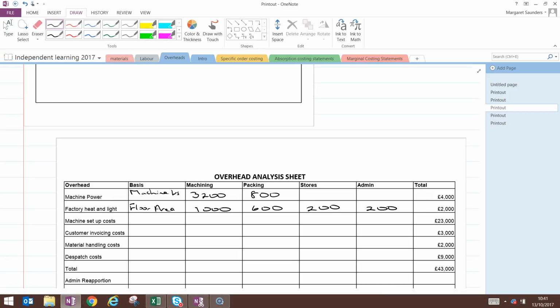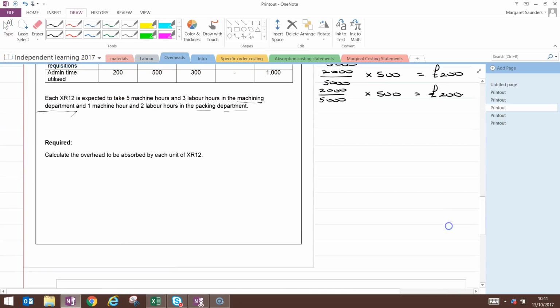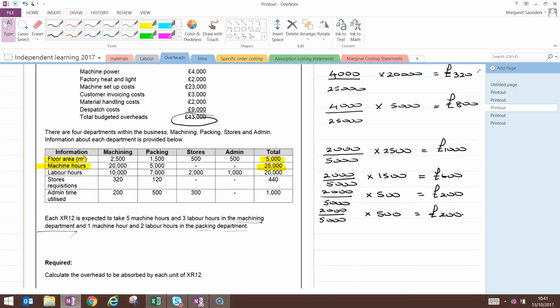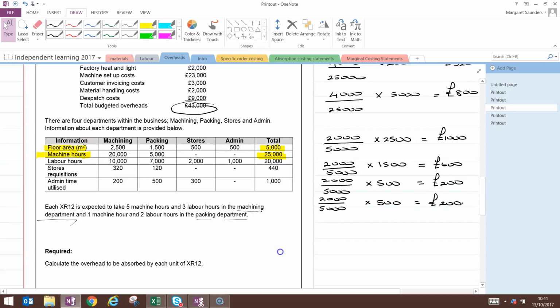So the next overhead, machine setup costs of £23,000. So let's look back at the information that we have, and what we have relating to machines is the machine hours. So our setup costs are going to be caused by the machine hours. So we're going to use that one again.